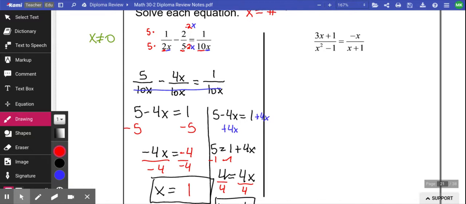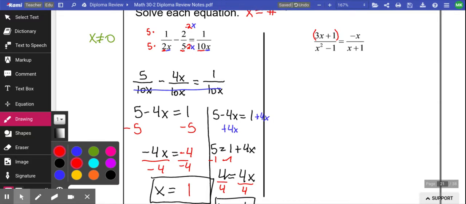You need to follow those steps and be meticulous, right? Don't go quick. If I look at 3x plus 1, I'm going to put brackets around it and ask myself, could I take a greatest common factor out? I can't. Nothing divides into 3 and 1. Could I square root all of that? No, I can't square root 3. Then I move on to the next thing.